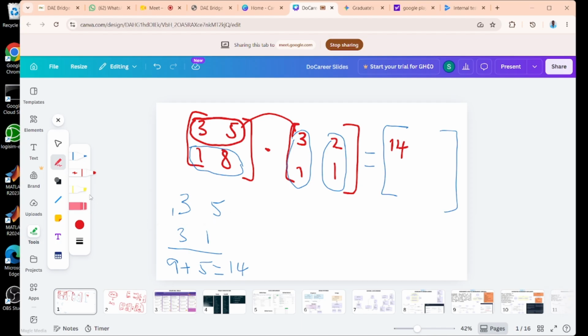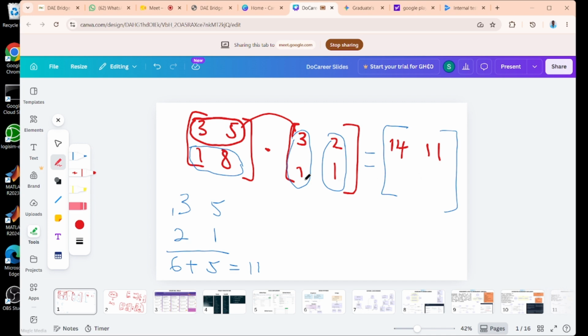So for that matter, I'm cleaning this, and I'm going to do the same thing. I'm pulling this column out, and I just put it under it, so that when I'm doing the multiplication, it's 3 times 2, that is 6, plus 5 times 1, that's 5, and that one will give me 11. So the second answer here will be 11.